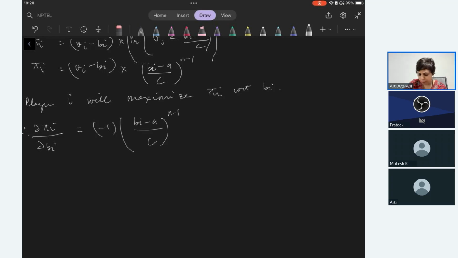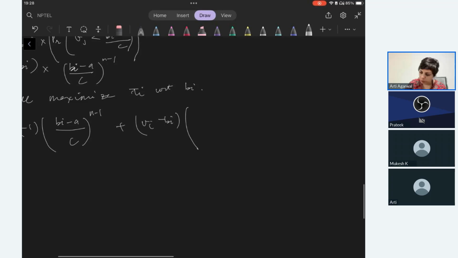Then we take the first as it is, and we take the differential of the second, with 1 by c. This is going to be 1 by c, bi minus a by c to the power n minus 1. The n minus 1 will come down. This becomes n minus 1 divided by c, and this expression to the power n minus 2.